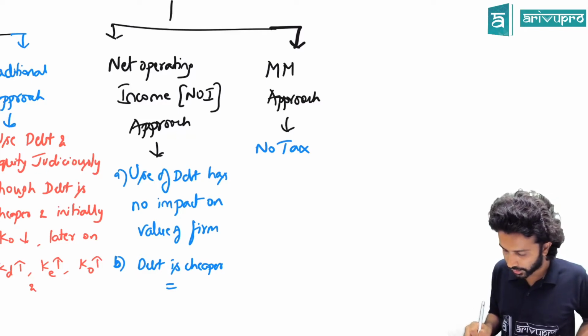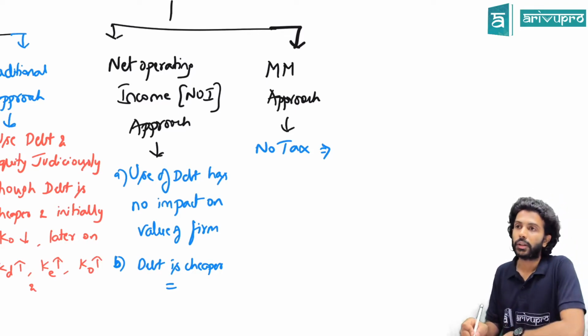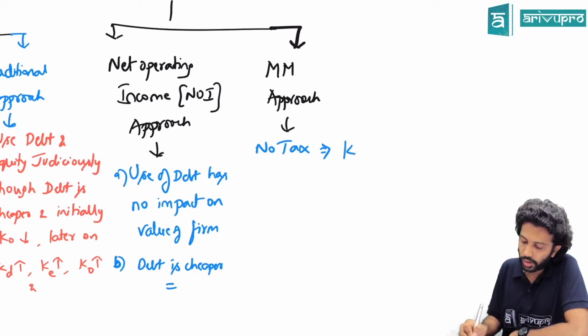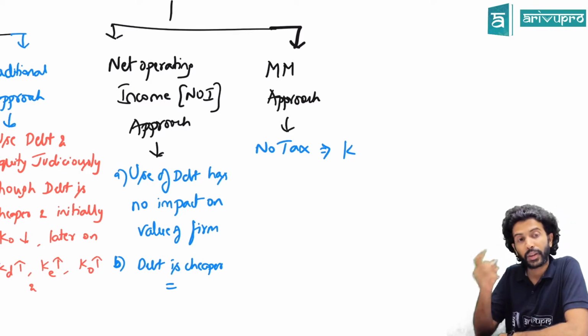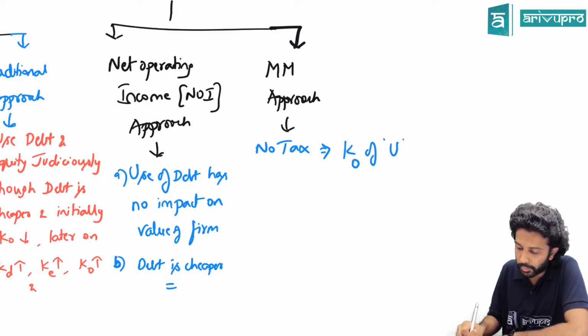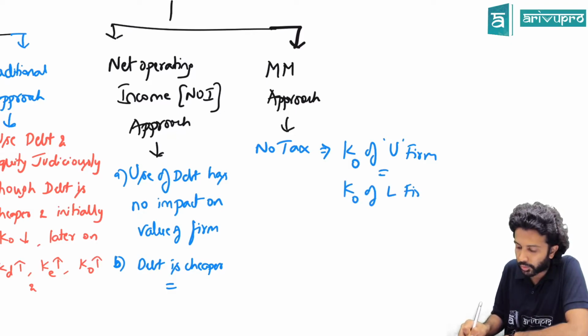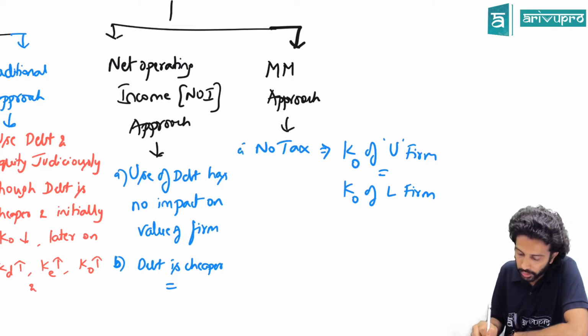If there is no tax, then the cost of capital, KO of the unlevered firm, will be equal to KO of the levered firm. That's what we used in that particular question. This is one pointer you can write.